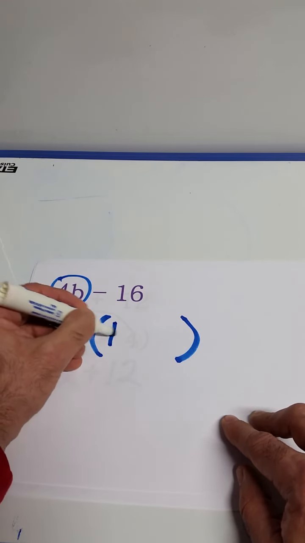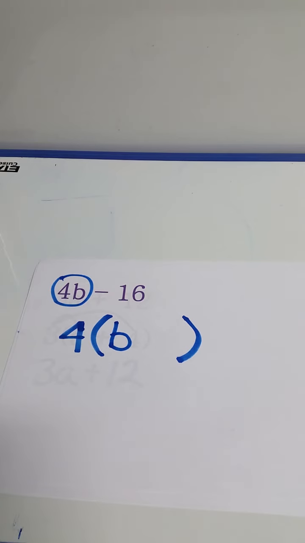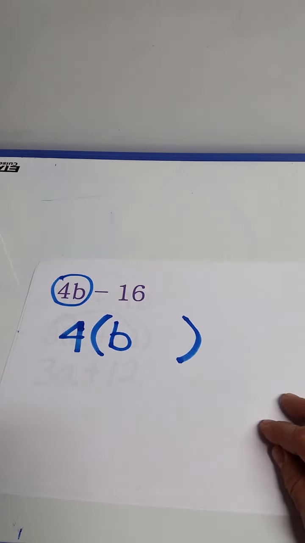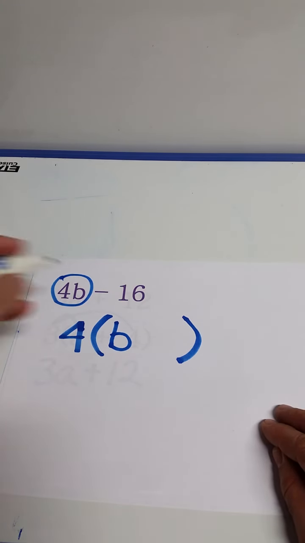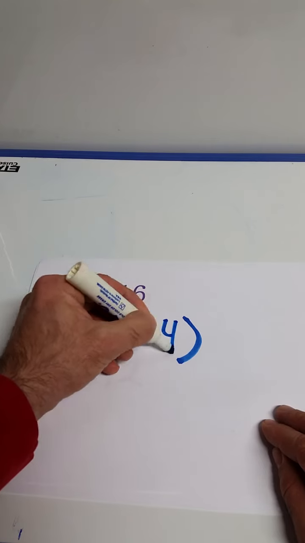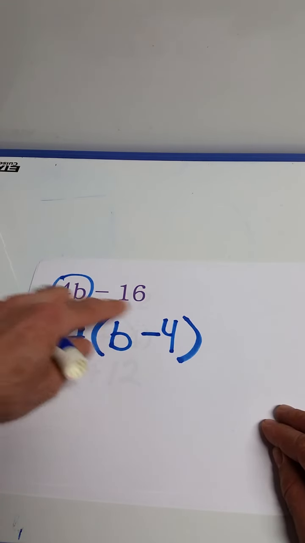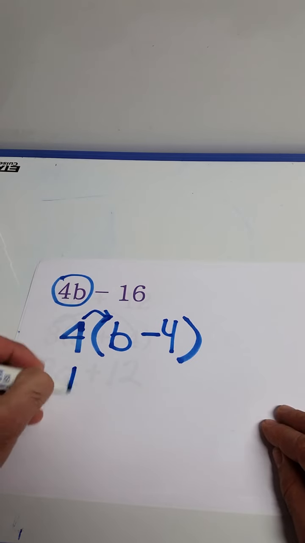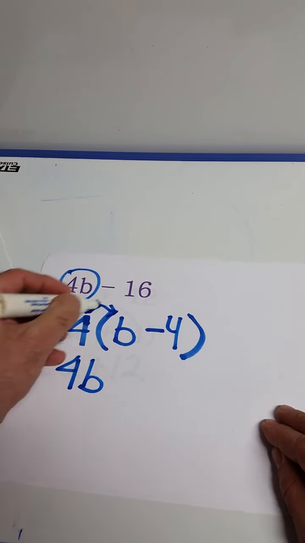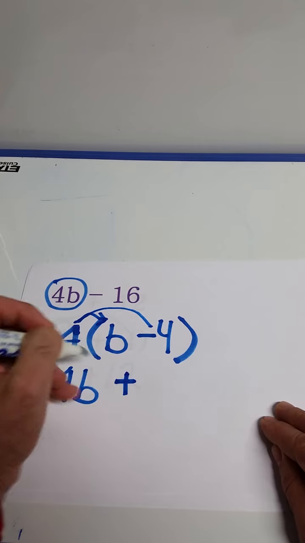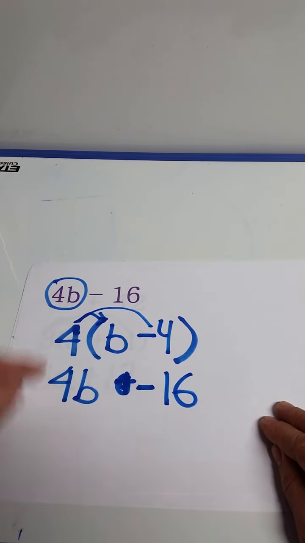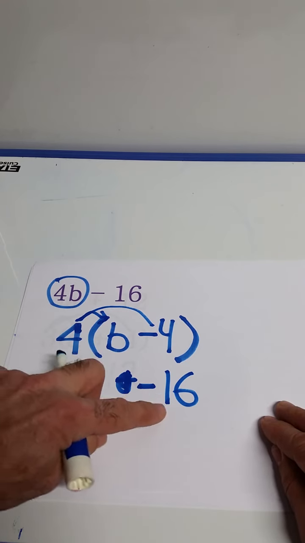Well, 4 times b is 4b, so we have a b. Now we need a negative 16. 4 times what is negative 16? That's what you have to ask yourself. Negative 4. 4 times negative 4 is negative 16. And see, if we distribute this to check, 4 times b is 4b, and 4 times negative 4 is negative 16. 4b minus 16.